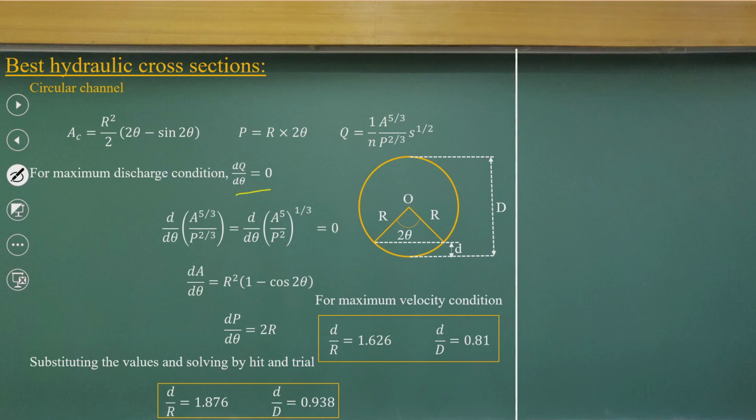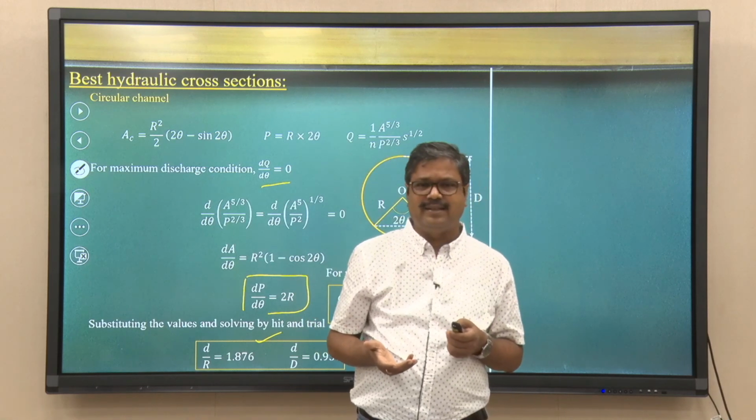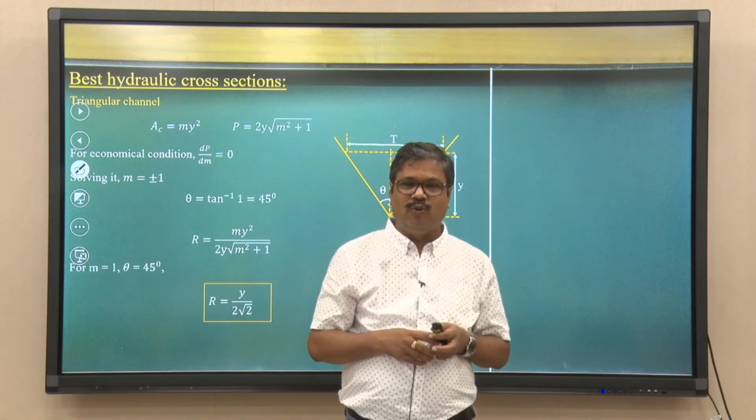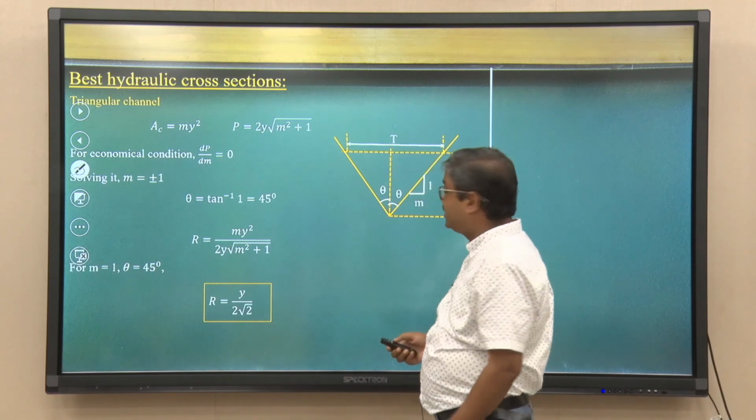And you try to solve it, and dp by d theta, and you try to get a relationship for the maximum velocity condition, and that is what we do in hit and trial methods. More details I am not going into, all details are there in the Subramanya book. You can go through it.